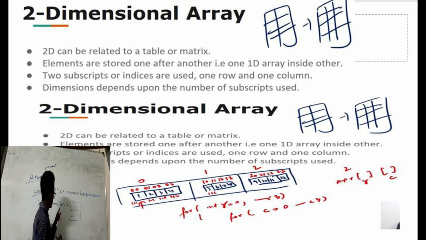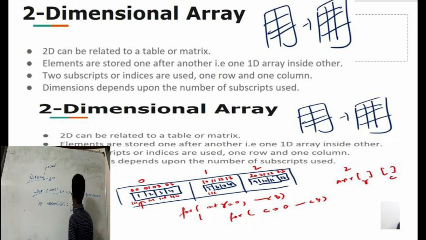The first cell is at location 0, 0. This is the index of 0, 1. Then the row is incremented to 1 and the column is set back to 0.